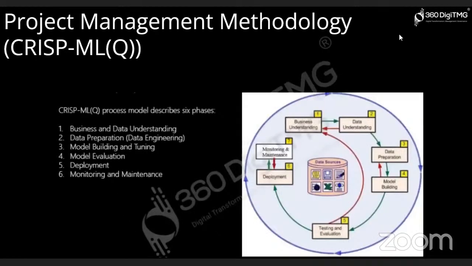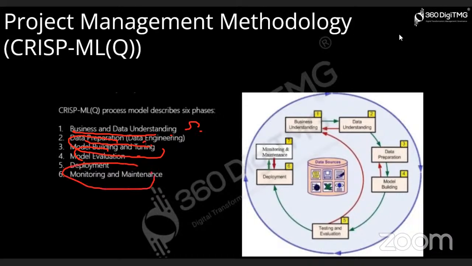These are the phases of any data science project. We'll be having business understanding and data understanding, which is the very first phase you have to go through. Then you have to prepare the data. Then we will be doing model building, model evaluation and model deployment.